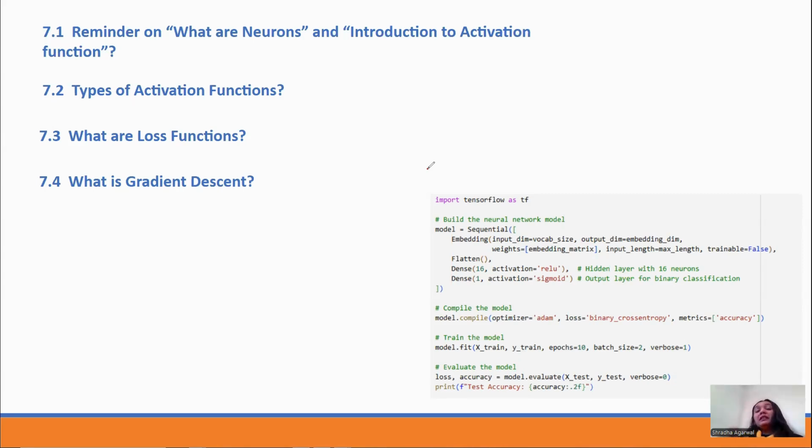The main terms that will come is that we are creating a neural network and we have a model, and we will see that there is a sequential model here. Then we will come across terms like optimizer equals Adam. And at that time you ask yourself, why am I using Adam? Is there any other optimizer that I can use? And as a beginner, it's very tough to understand.